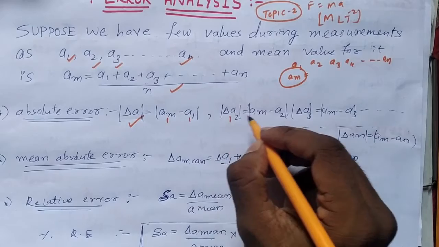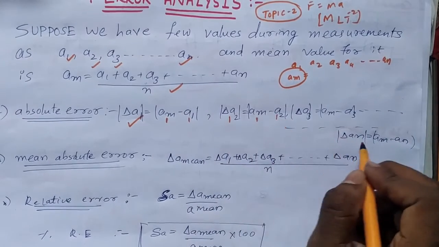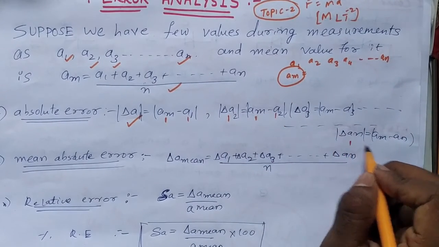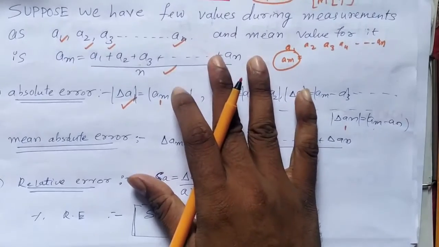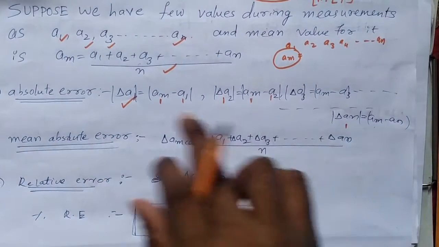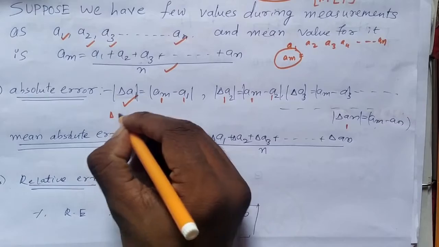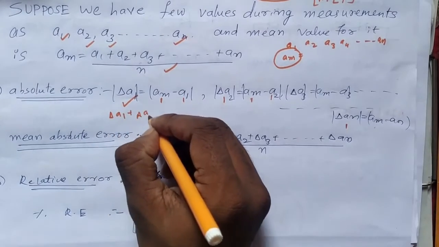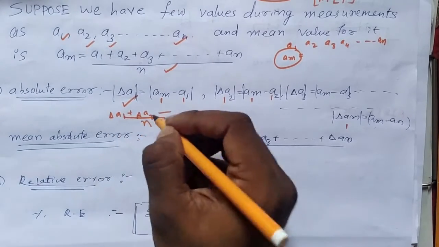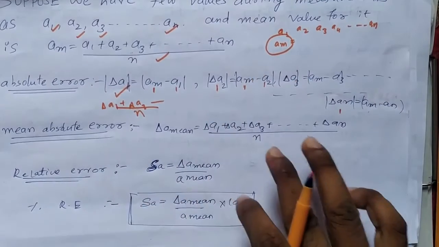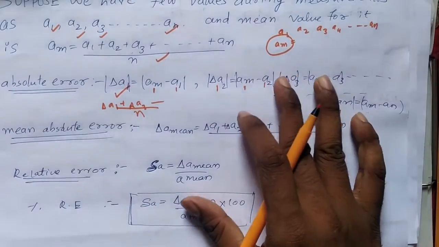Absolute error for a2 will be am minus a2, and so on. Absolute error for an is am minus an. For the mean absolute error, I take all the absolute errors, delta a1, delta a2, and so on, and divide by the number of observations. That will be the mean absolute error.